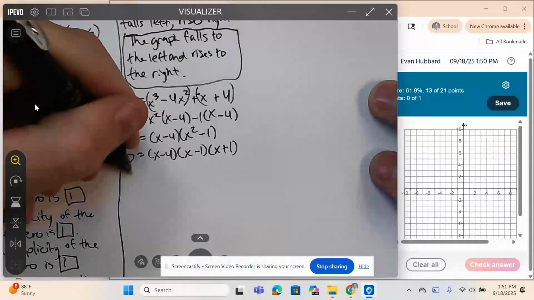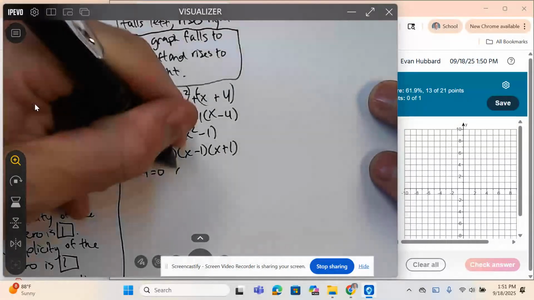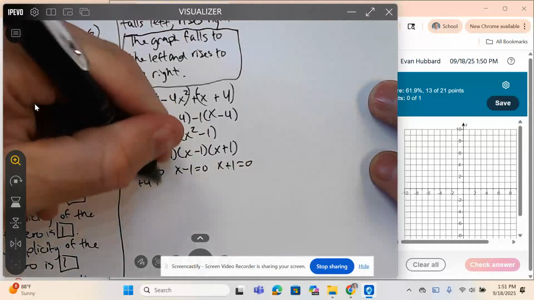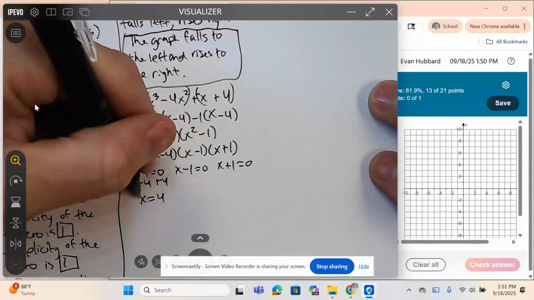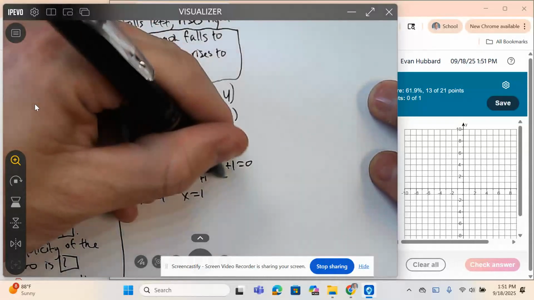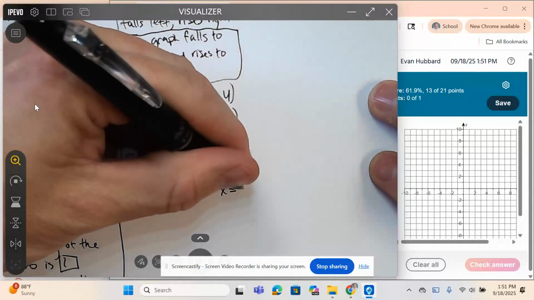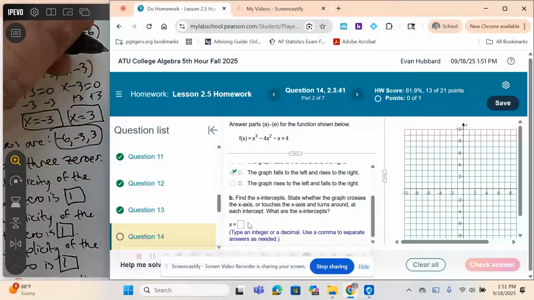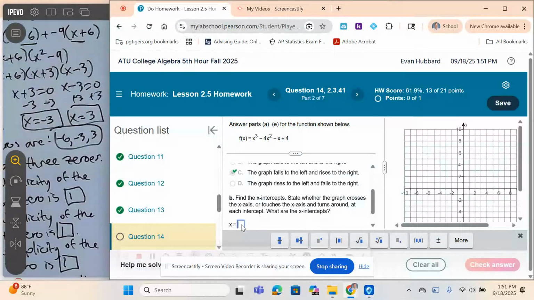So you set each one equal to 0. Plus 4, x equals 4. Plus 1, x equals 1. Subtract 1, x equals negative 1. So my zeros, my x-intercepts, are negative 1, 1, and 4.